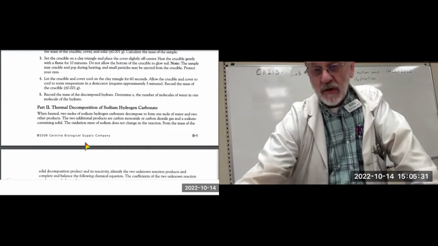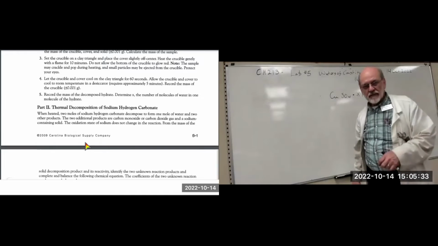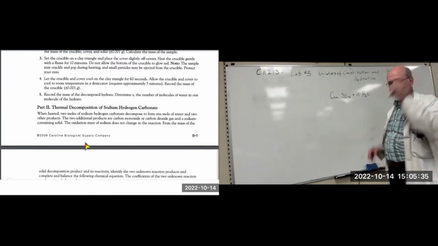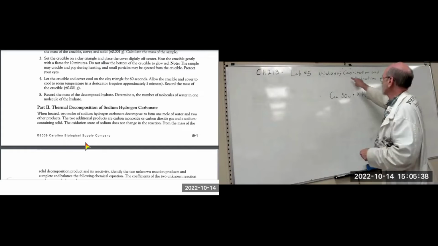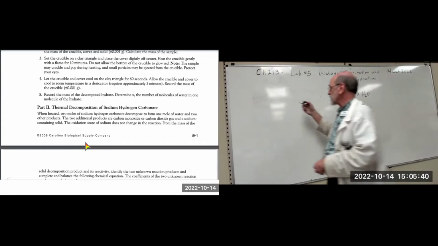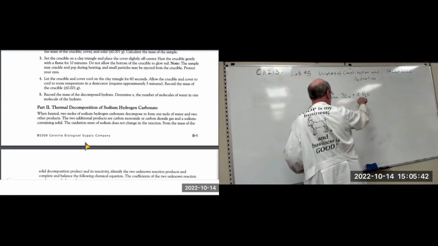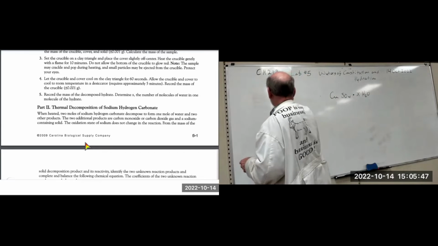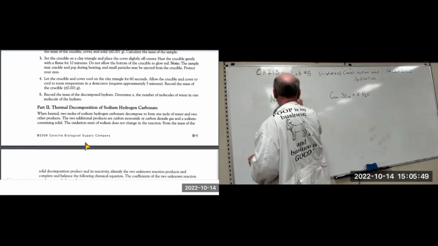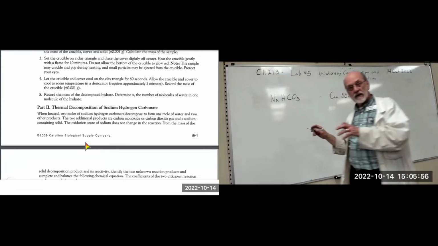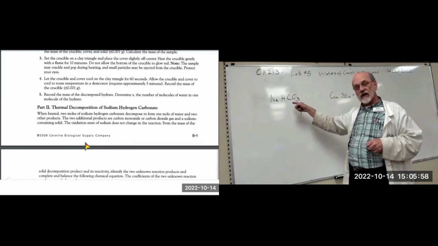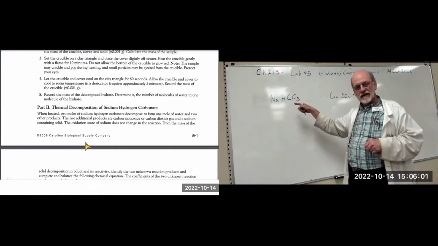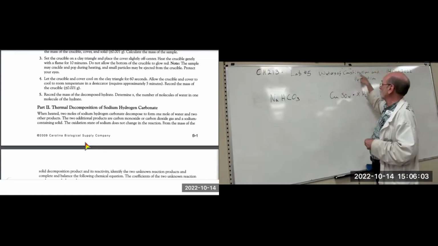Let's see, for the second experiment, the thermal decomposition of sodium hydrogen carbonate, that's the waters of constitution. The difference is this, you can see the water in the formula. But for baking soda, bicarbonate, that's right. For baking soda, you don't know that there's water in there until you heat it. And it releases water. That's water of constitution.